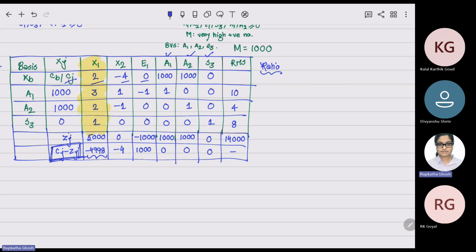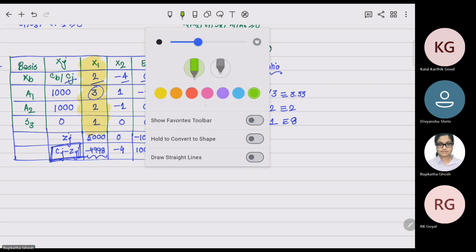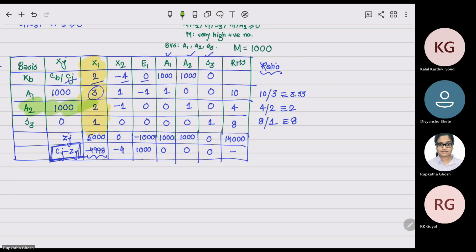So what you will do is the ratio of 10 by 3, 4 by 2 and 8 by 1, and identify the minimum positive ratio out of these. So here it is some 3.33, here it is 2, and here it is 8. So that means A2 will now become your non-basic variable because it has the corresponding minimum positive ratio.